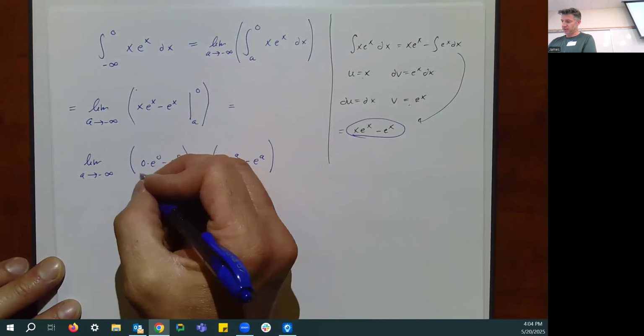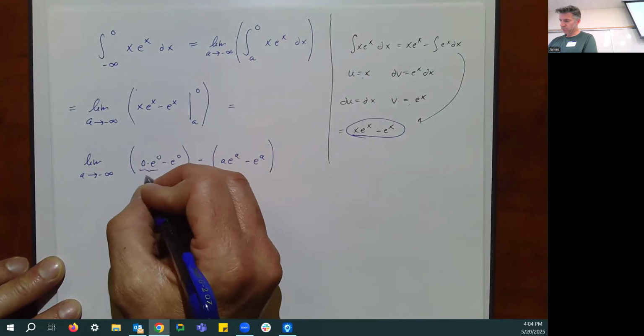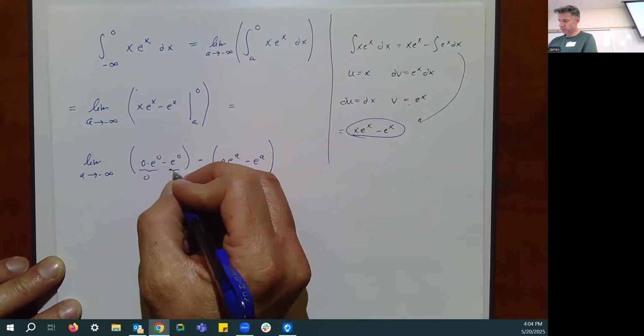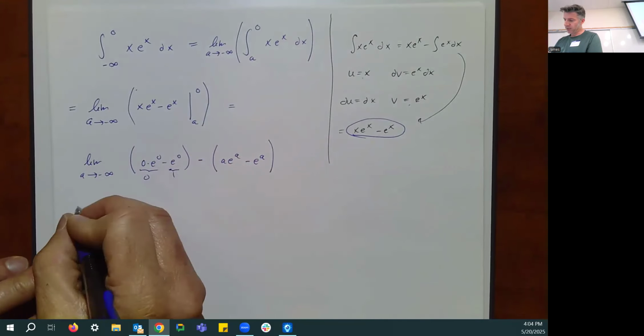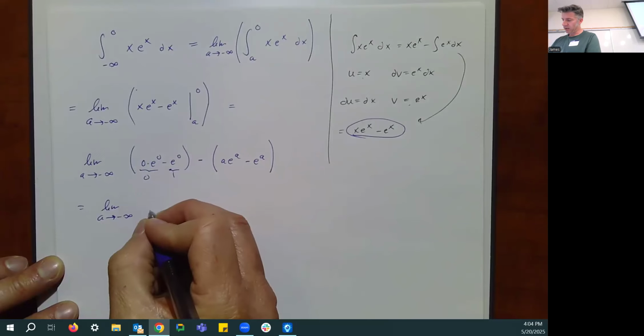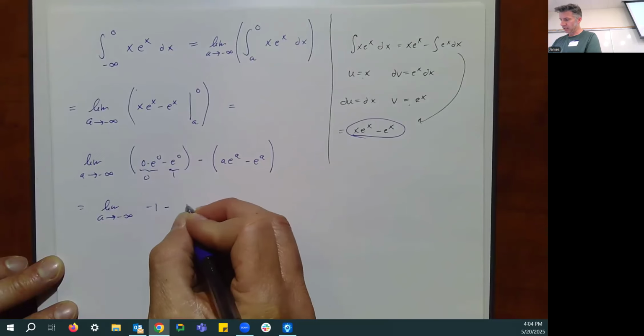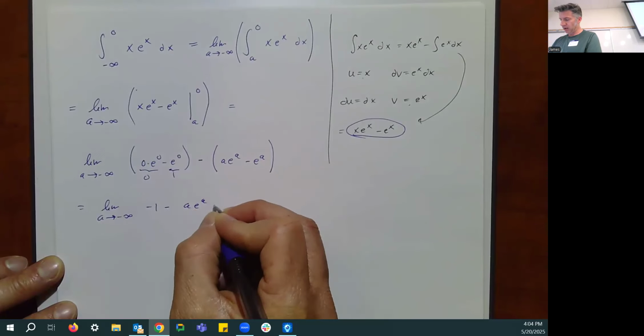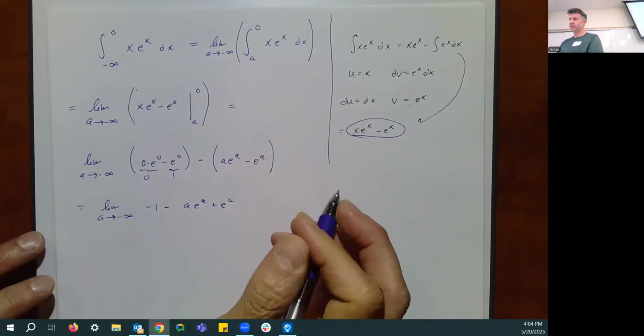That's going to be a 0 minus 1. So I have the limit as a approaches negative infinity of negative 1 minus a times e to the a plus e to the a.